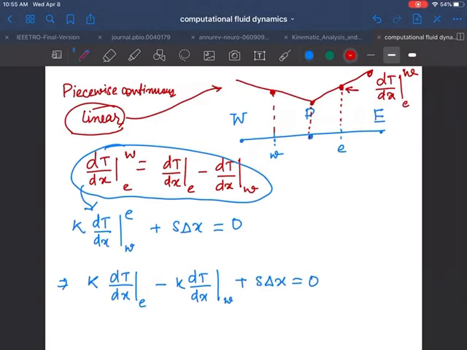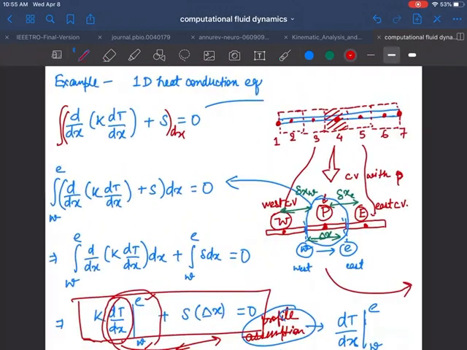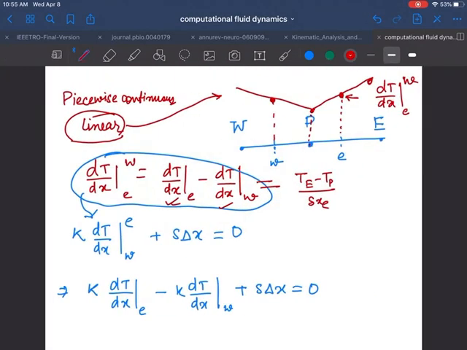Also these slopes at E and W faces can be written as TE minus TP divided by delta XE. From P to E I have assumed that this length is delta XE and this length is delta XW. So this minus TP minus TW divided by delta XW.